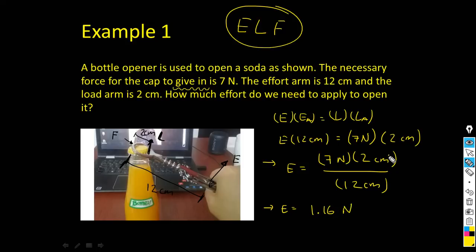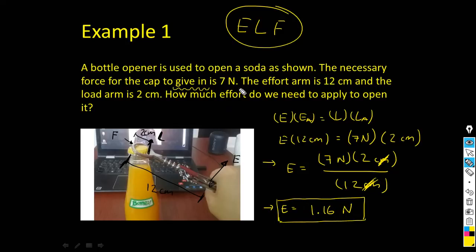Okay, centimeters cancels centimeters. You don't have to convert to meters in this case because in the end they will be canceled. But technically, that's the best way to do it. Okay, you have to convert centimeters to meters always. But in this case, it doesn't make any difference. Okay, so this is the effort needed to open up the bottle.